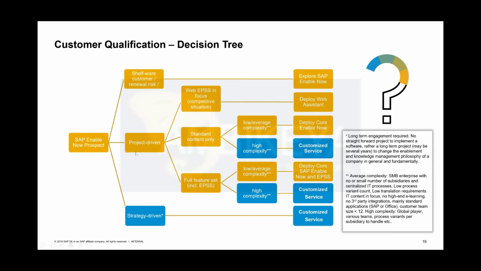So there is a prospect interested in Enable Now, and the first question to ask would always be, is this a project-driven implementation? We need to have enablement material for our new CRM system for a target audience of 1,000 people ready by end of the month.